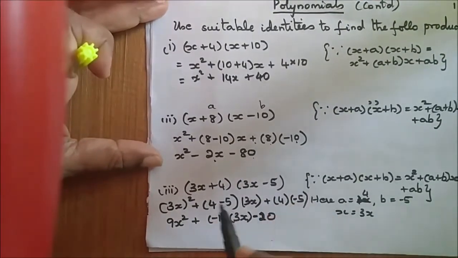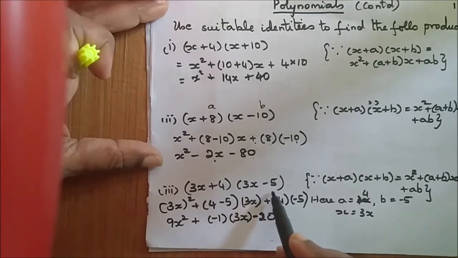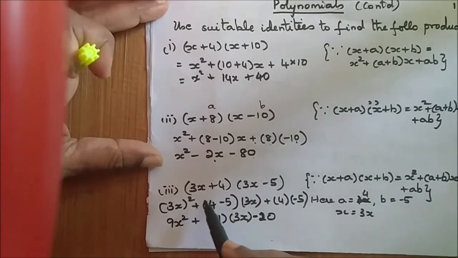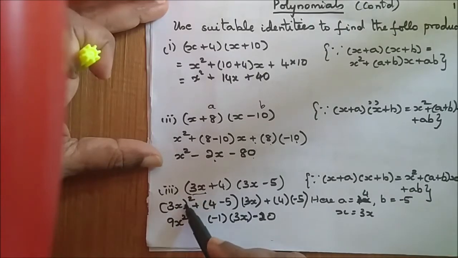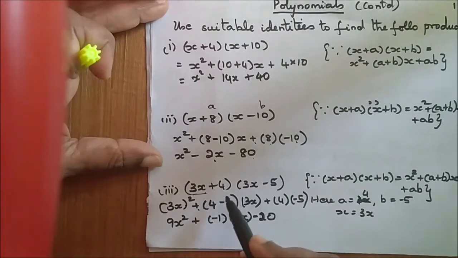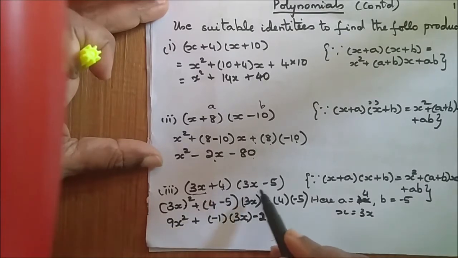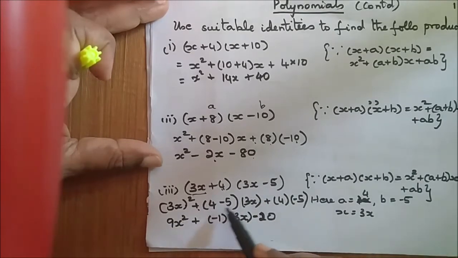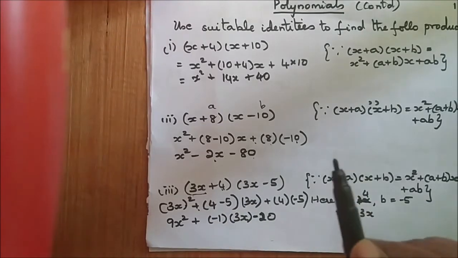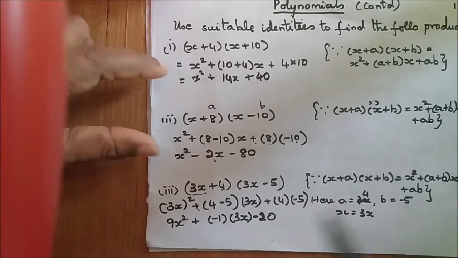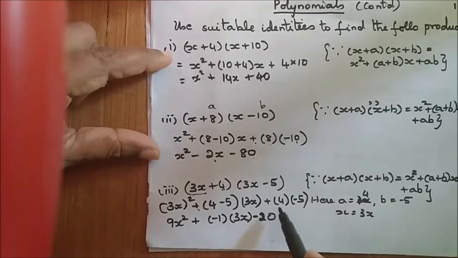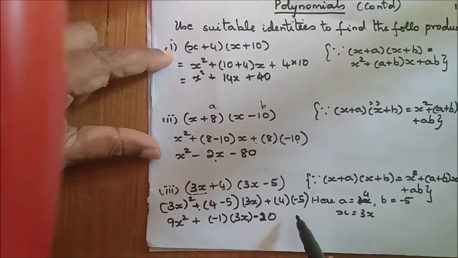Okay. The next one is (3x + 4)(3x - 5). Now here my x is of the form 3x. So x squared will be (3x) squared plus (a + b). 4 plus of minus 5 is 4 minus 5 into 3x. It is not x here, it is 3x, into 3x plus 4 into minus 5.